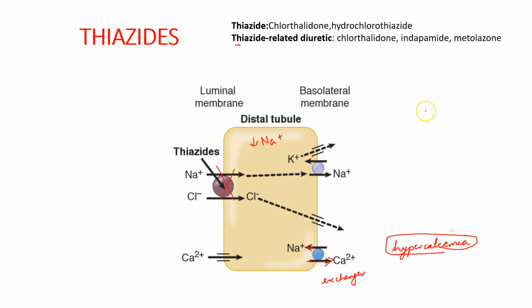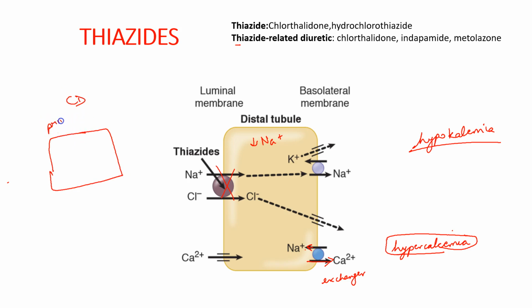All of these cause hypokalemia. This is because the increased sodium inside the tubules will finally get reabsorbed at the level of the collecting duct, where at the level of the principal cells in the collecting duct, we have two different channels, one for sodium reabsorption and one for potassium excretion.